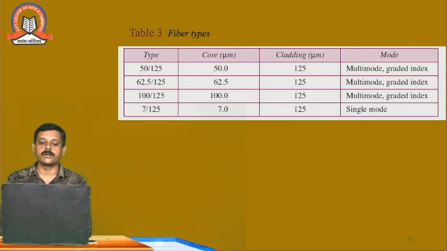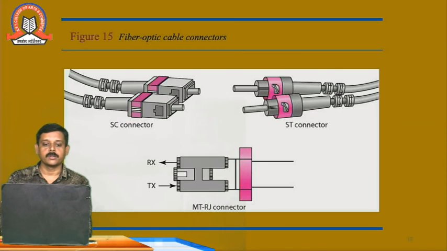These have cores of 50 micrometer, 62.5 micrometer, 100 micrometer and 7 micrometer. The first three wires are most probably used for multi-mode or graded index, and 7/125 is used for single mode data transmission.